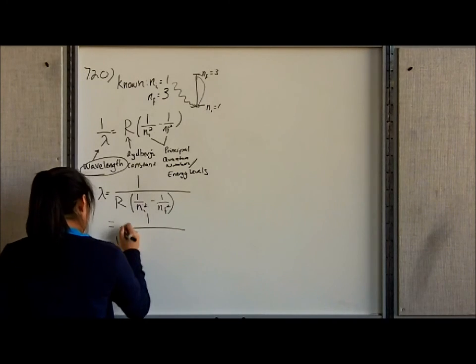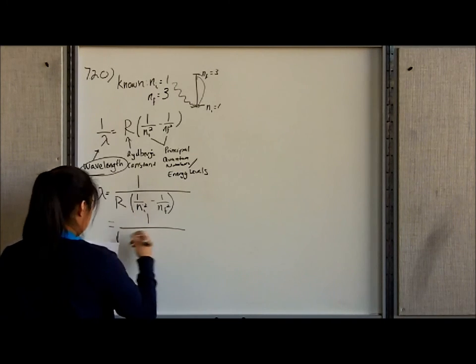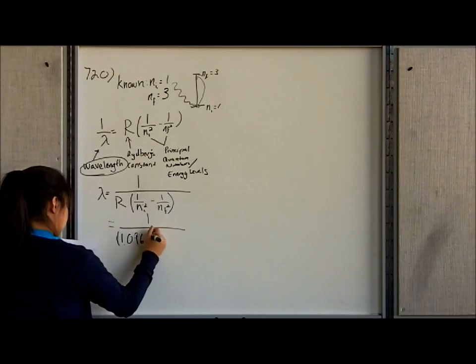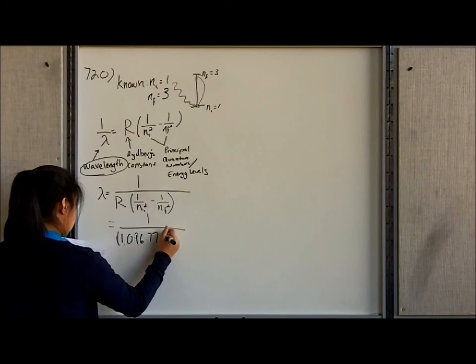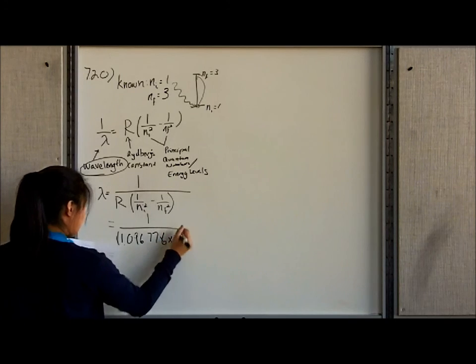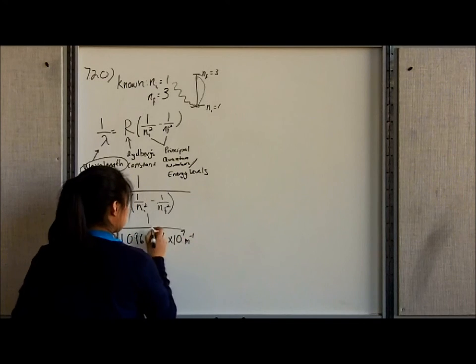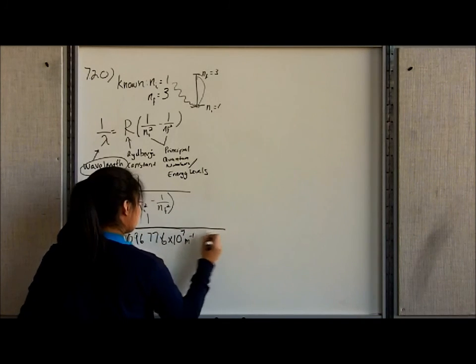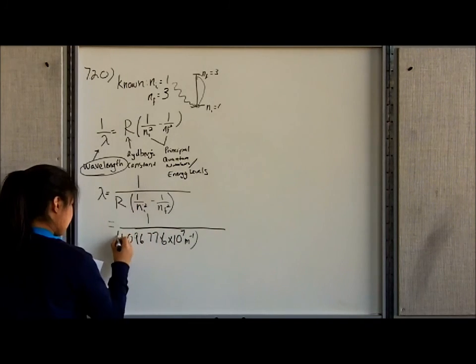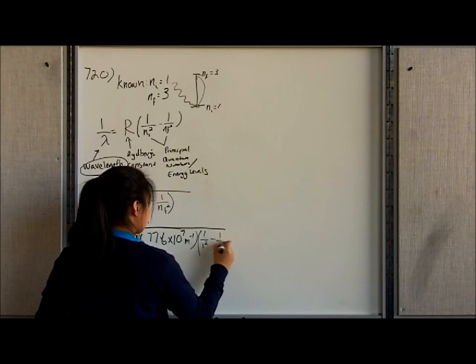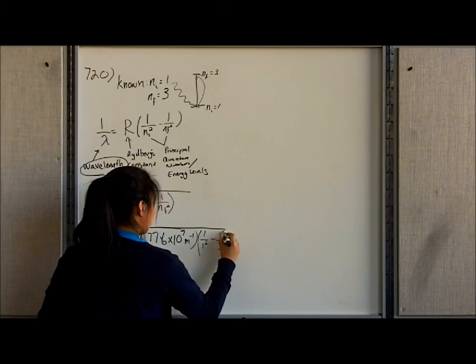Your Rydberg's constant is 1.097776 multiplied by 10 to the 7th inverse meters. Let me extend this line out because it's going to be a long number. Multiplied by 1 over 1 squared minus 1 over 3 squared.